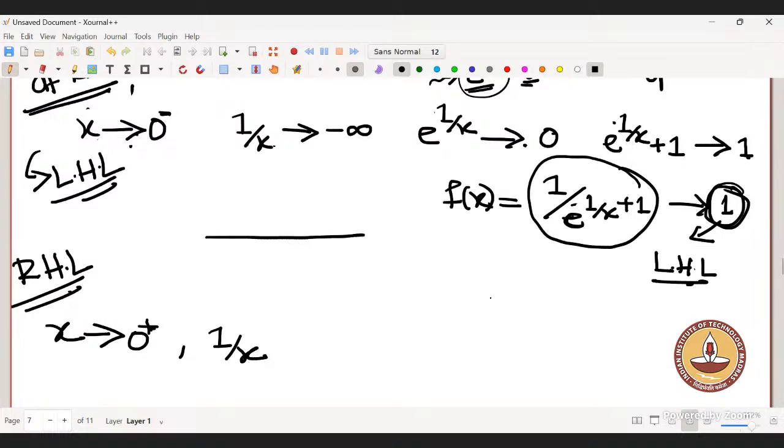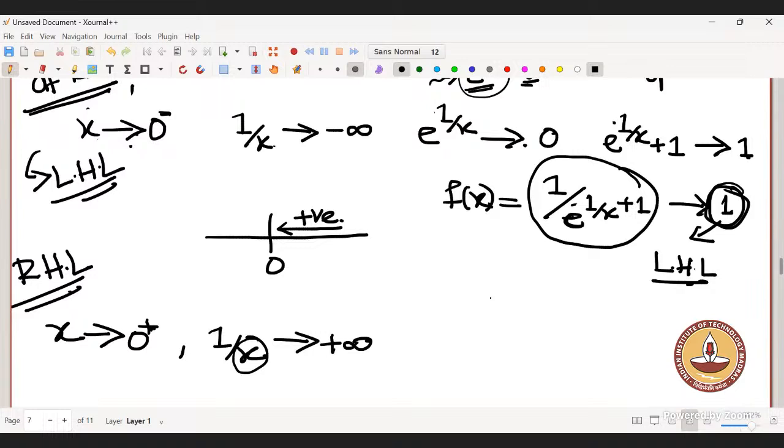You are coming to 0 from the positive side of x. x is very small and positive, so 1 by x is positive as well as very large.